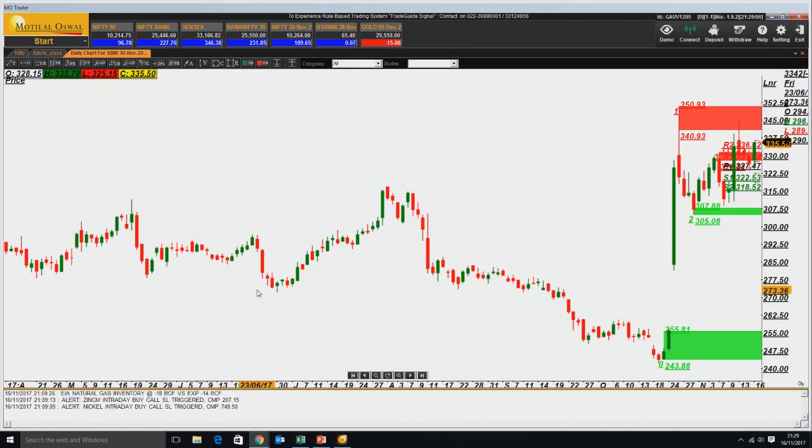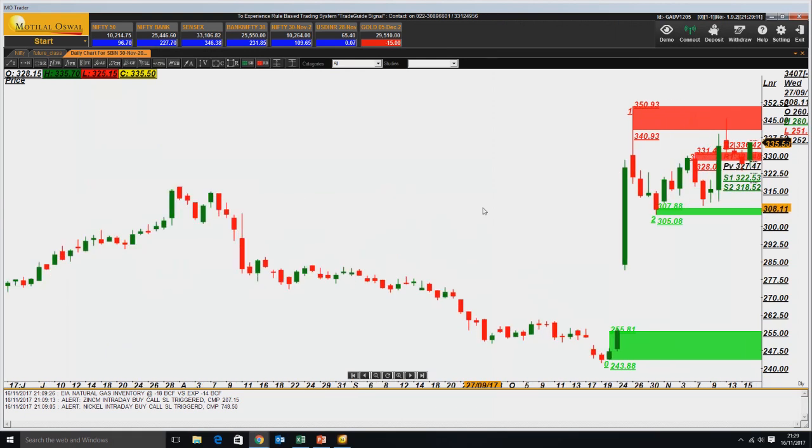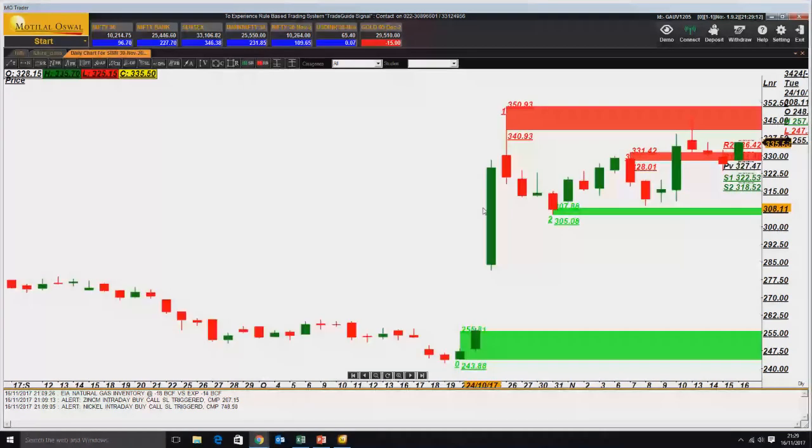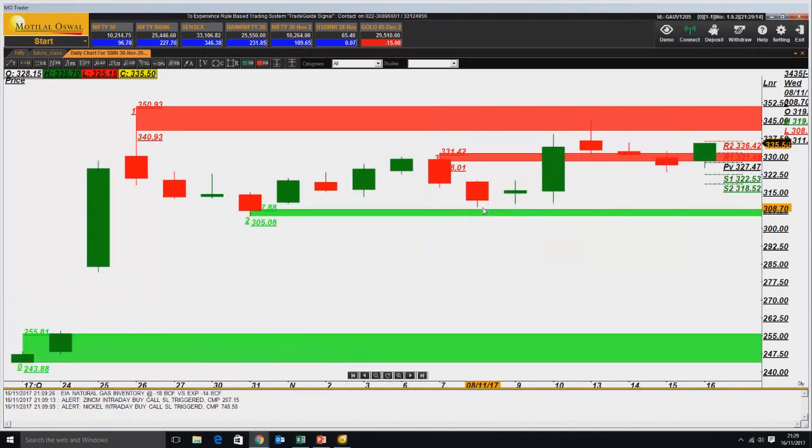Here you see I have done a few analyses of SBI, and here it is breaking my initial resistance zone. So I still feel SBI has an upside from this current price till 340 or 345.